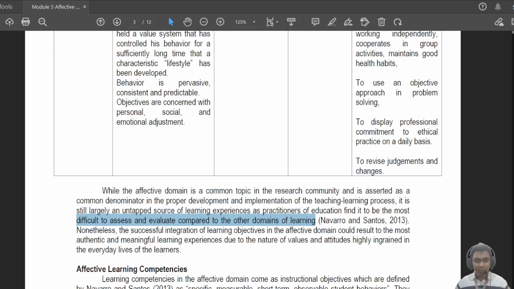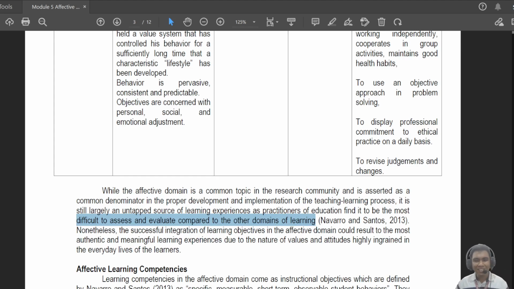Okay? So, ang affective domain, what does this require? It requires teachers to understand what behaviors are observable, how behaviors can be made observable, and how behaviors can be permeable, okay, in the instances outside of the classroom and inside of the classroom. Okay?